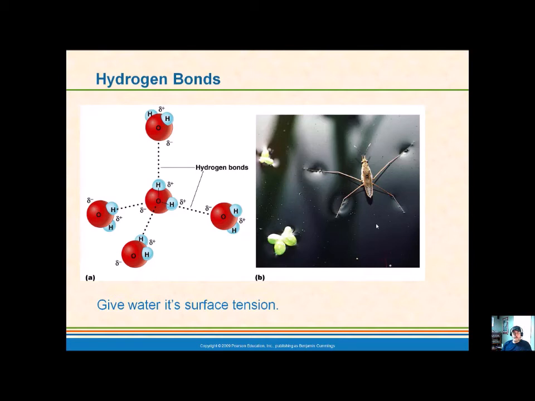Also, because of this configuration, when water freezes, it assumes an organization that's a little more rigid than when it's liquid, and that makes it expand slightly. So ice is a little bit lighter than liquid water. So this hydrogen bond is what gives water its surface tension.